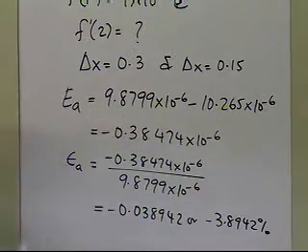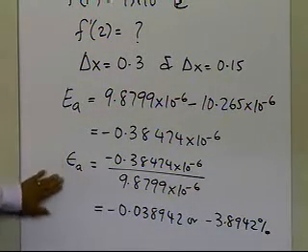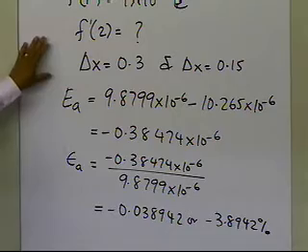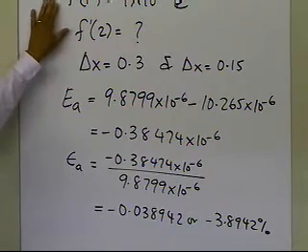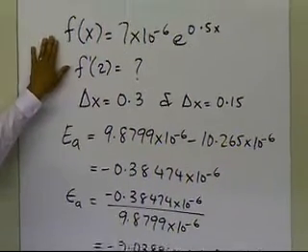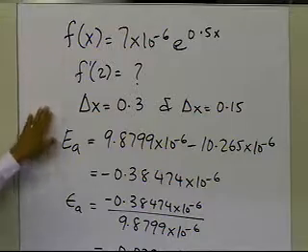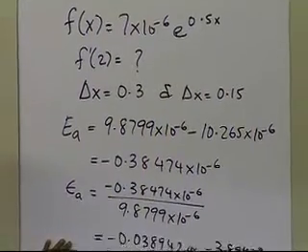And what you're finding out is that the relative error which you're getting for this case, by having f of x equal to 7 times 10 to the power minus 6 e to the power 0.5x, is minus 3.89%.